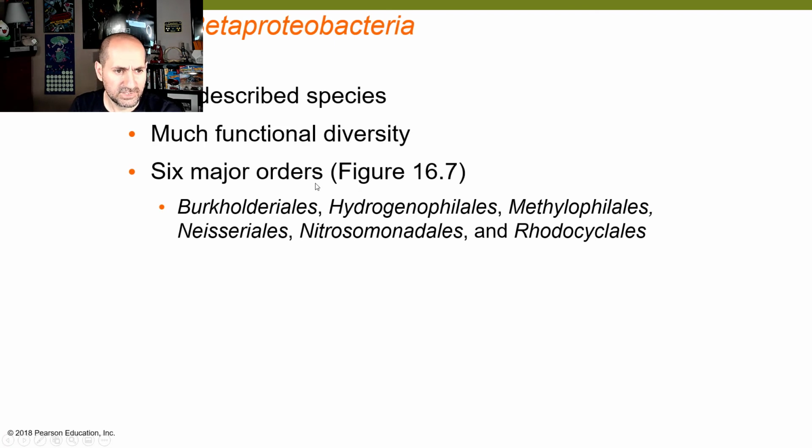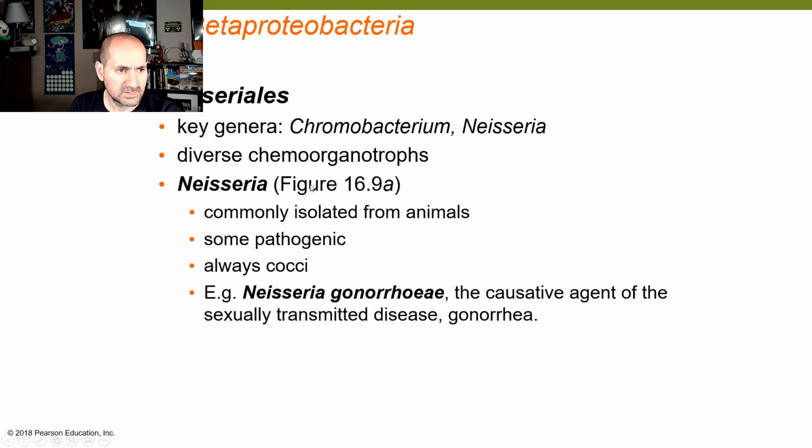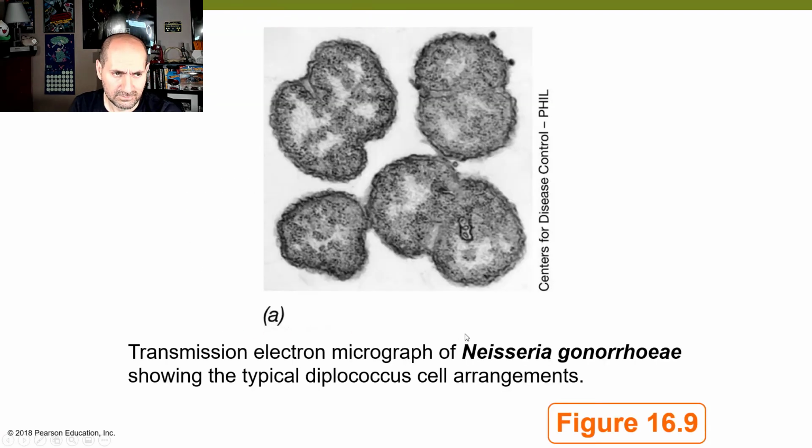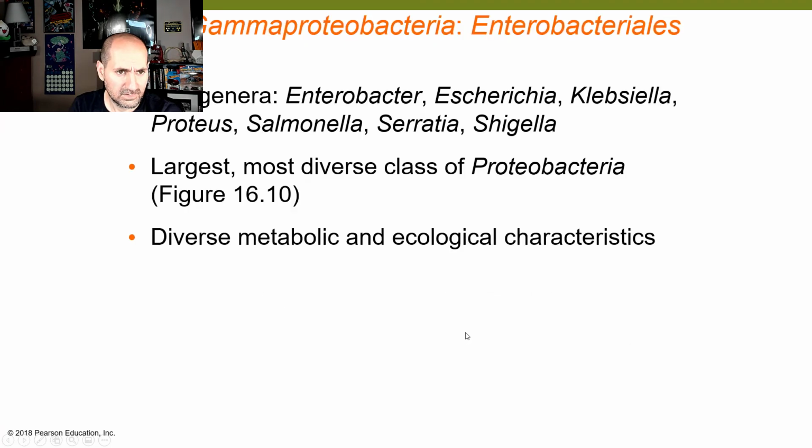The beta Proteobacteria, I gave you an example to know about, and that's the beta Proteobacteria genus Neisseria. And the example I gave you was Neisseria gonorrhoeae, which is the causative agent of the sexually transmitted disease gonorrhea. Next, we moved on to the gamma Proteobacteria.